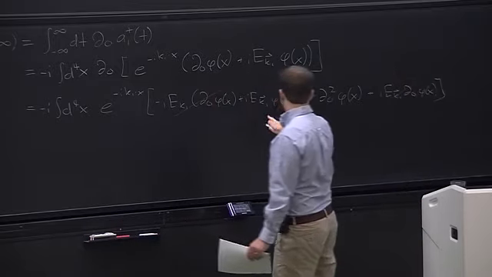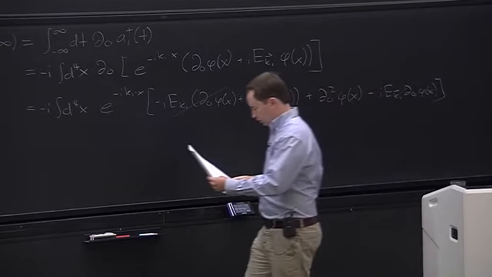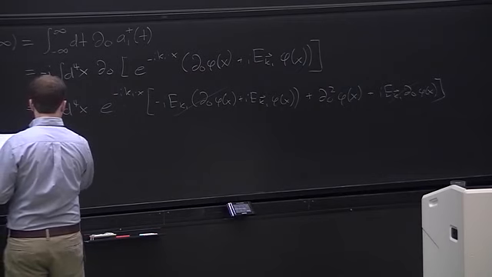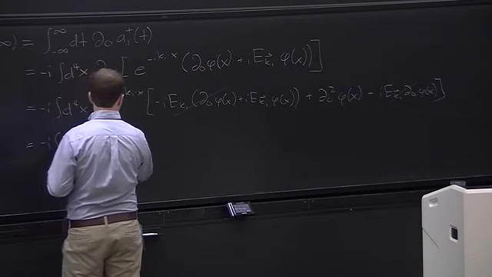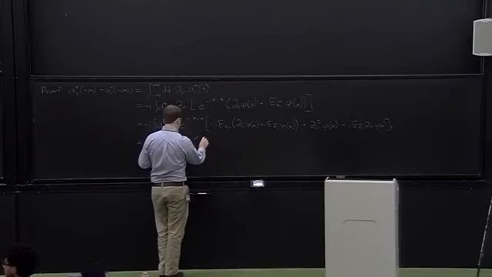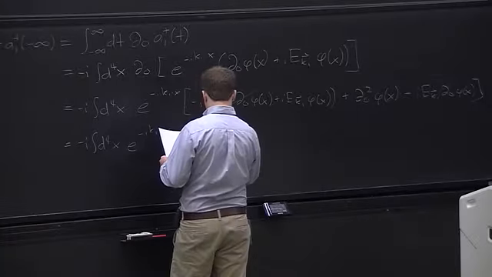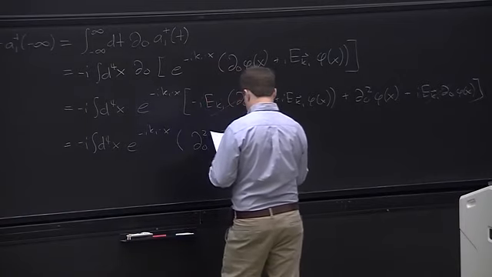And so we're just left with these 2 terms, which we can write as minus i d4x. We just expand out the energy. You can write this as k squared plus m squared.